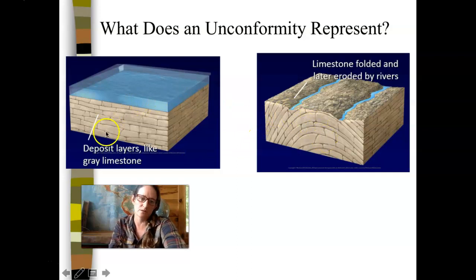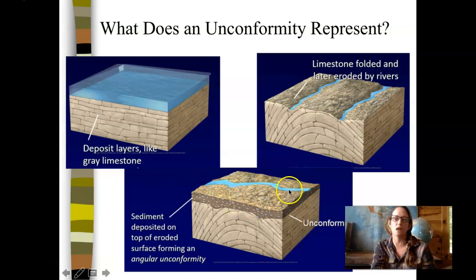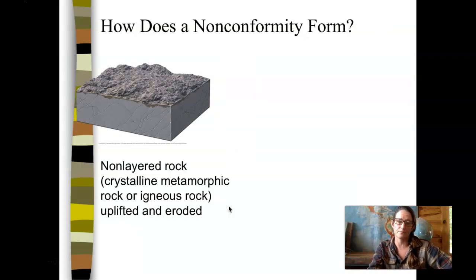So I took one limestone and now I folded it, and it's been eroded by rivers. And now we have deposition of those river gravels on top of the limestone that was folded. So now, like Siccar Point, this is an angular unconformity where the limestone's at an angle and the flat-lying river gravels are on top of it. So that's one kind. That's an angular unconformity.